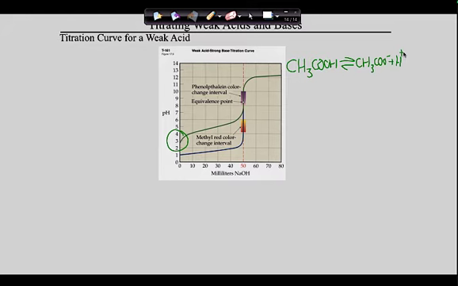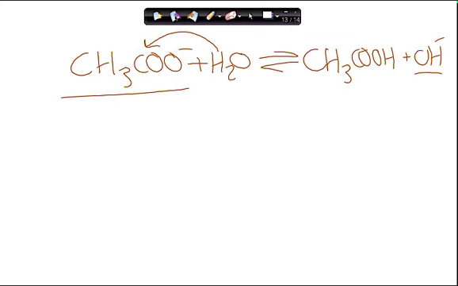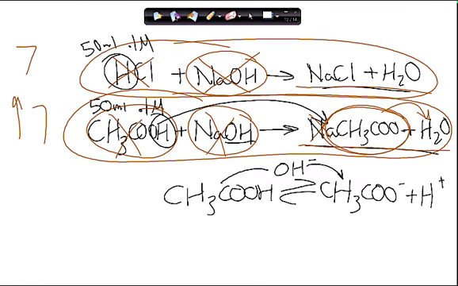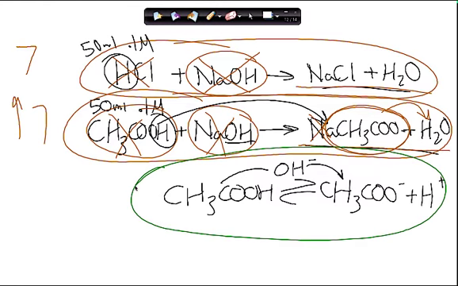Now guys, what about in this region? Well, in this region, we are now neutralizing some of the acid with base. We are reacting up some of the acid with base. That's this chemistry.